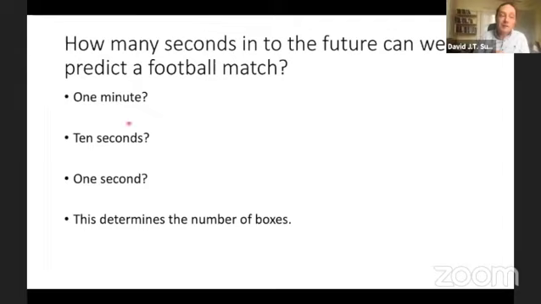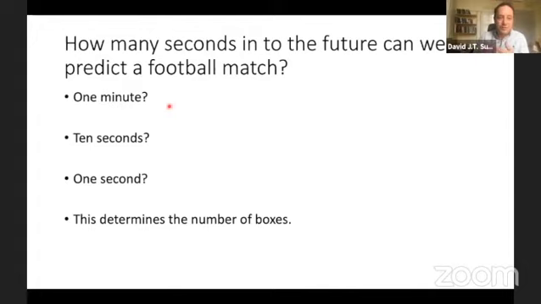Now, if you happen to believe that you can predict a football match more than 1 minute into the future, you can actually become extremely rich, because you've got time to place a bet on who's going to score next.